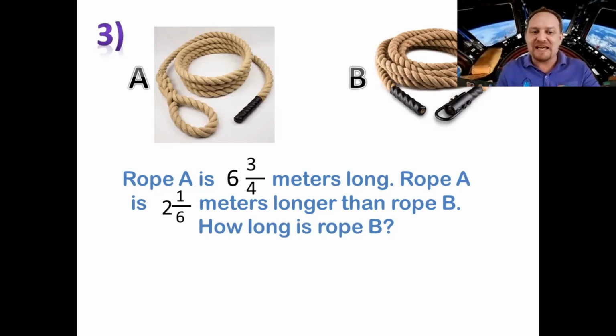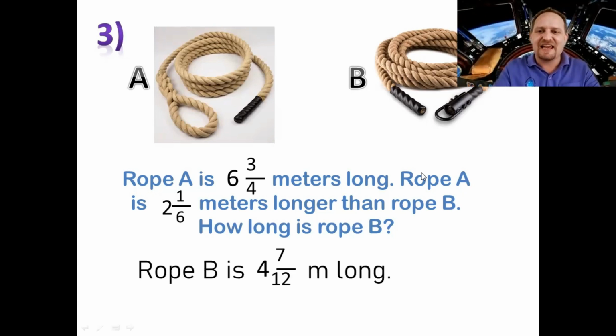So rope A is greater than rope B. Therefore, what would that be? Subtraction, wouldn't it? So 6 3/4 minus 2 1/6 gave us rope B is 4 7/12 meters long.